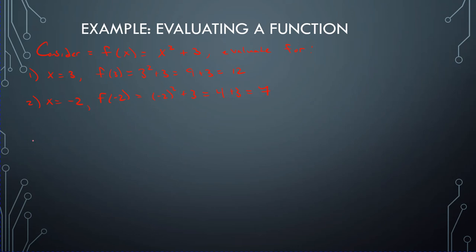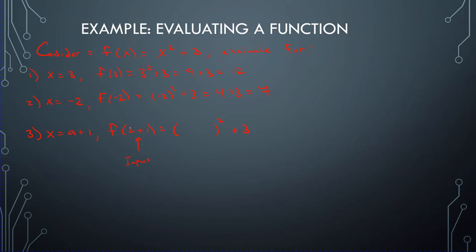Now look, you don't always just have to plug numbers in. Watch this. Let's plug in x is equal to a plus 1. I'm plugging an algebraic expression into the function. It seems weird, right? This is my input. My equation is saying take your input and square it, and then add 3 to it. Well, what am I inputting?